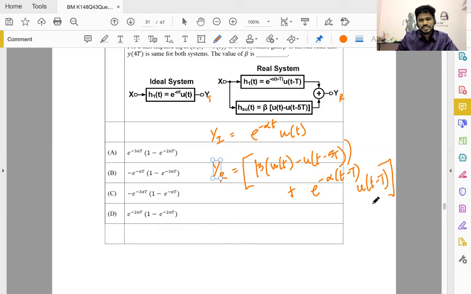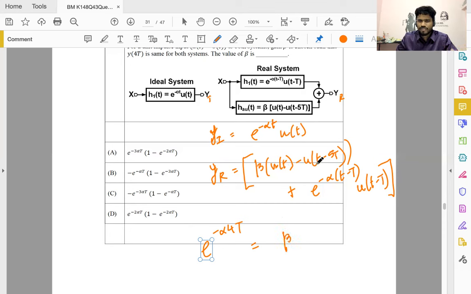So why is this specifically? These are times, not in the Laplace domain. So evaluated at time 4t, e power minus alpha 4t, u of 4t is 1. It's either 0 or 1, it's 1. So I have a beta there.